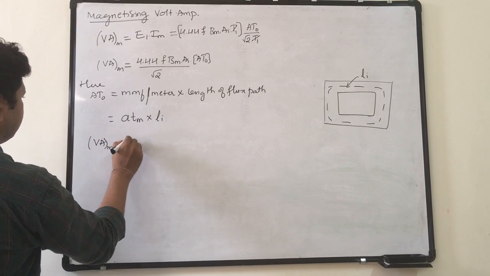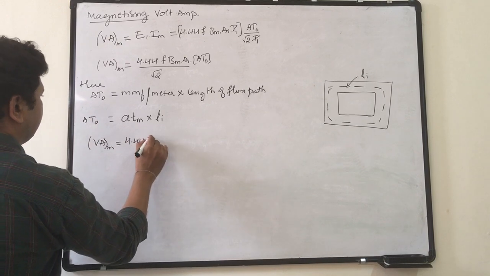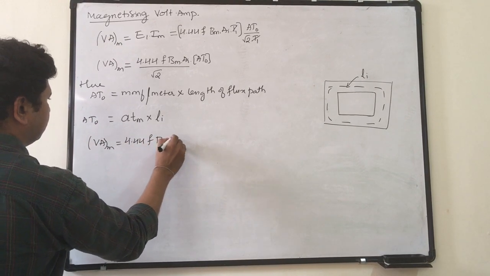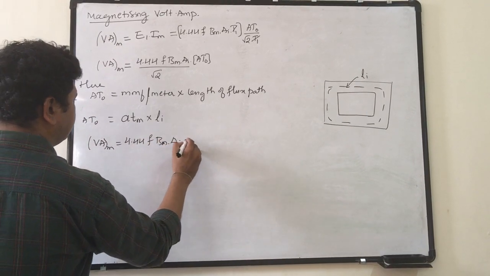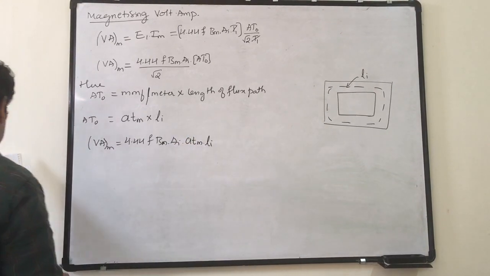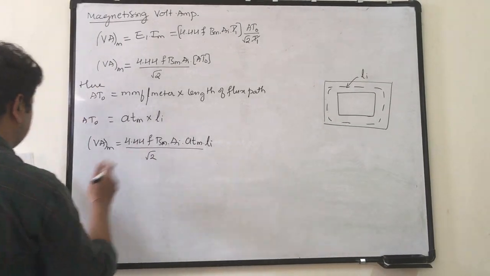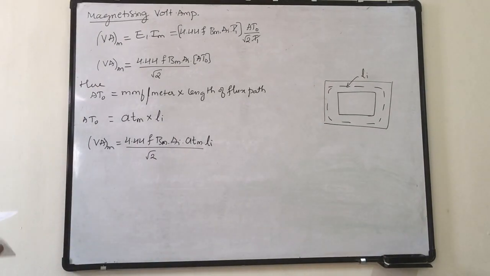So magnetizing volt amperes is equal to 4.44 F Bm Ai into ATm into Li divided by root 2. Okay.